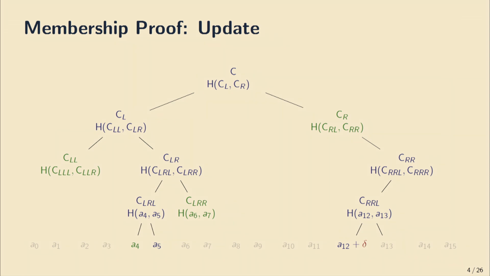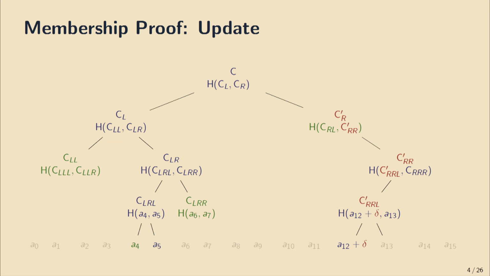Now, you can easily identify which elements of the A5 proof are affected. In particular, this element here will be affected, and you can go ahead and recompute the proof. In other words, a single membership proof can be updated in logarithmic time for Merkle trees whenever any element of the Merkle tree changes.